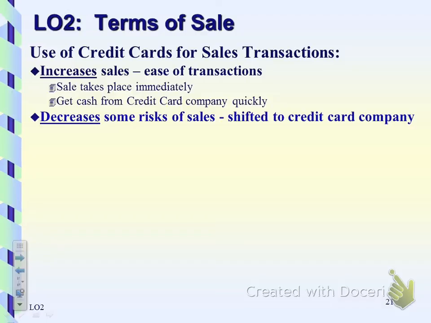Yes, Rachel. So if you go to the store and buy something with a credit card, whether it's a normal credit card or a credit card from there, they still get the money regardless of whether you pay the credit back or not, right? Absolutely. Correct. That's the whole shifting of risk to the credit card company.